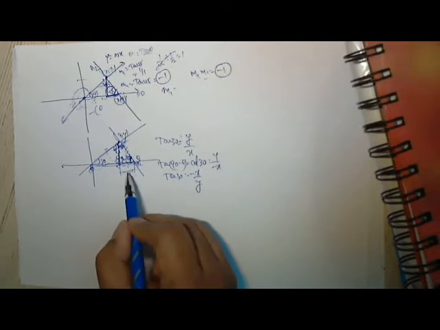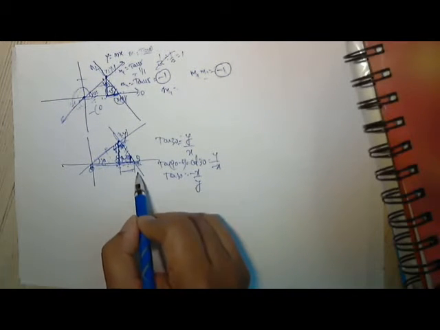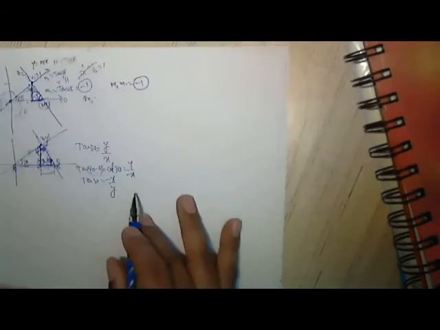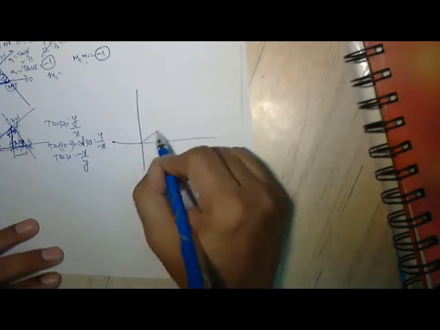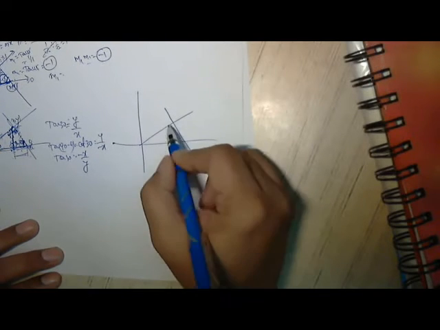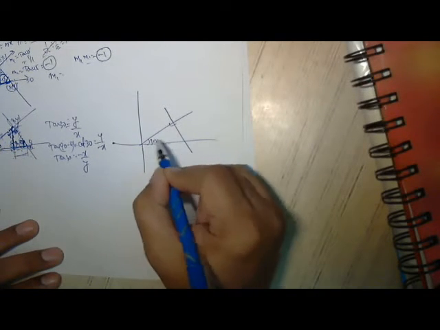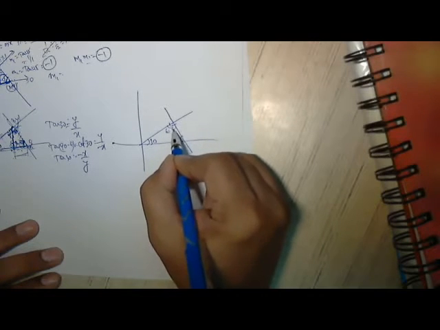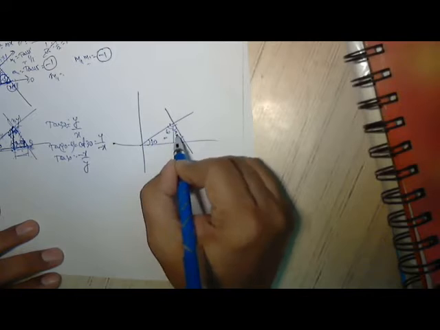But since x is minus, y2 minus y1 is plus but x2 minus x1 is minus. I'll draw it fresh here. I draw a 90 degrees. This is 90, this is 30, this is 60. If I draw a perpendicular line, this is 60 and this is 30. These two are similar triangles.